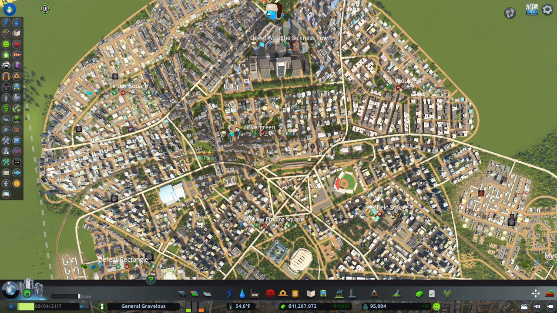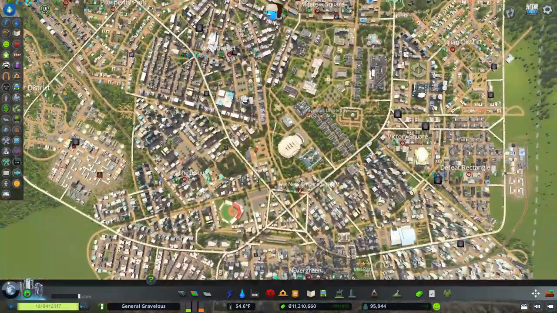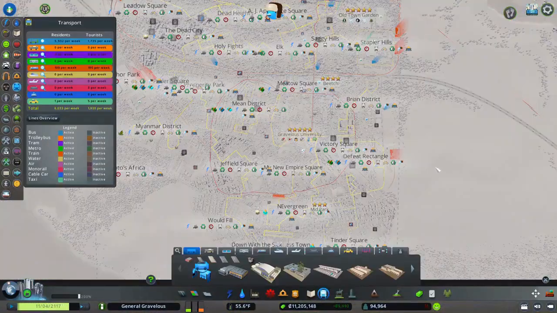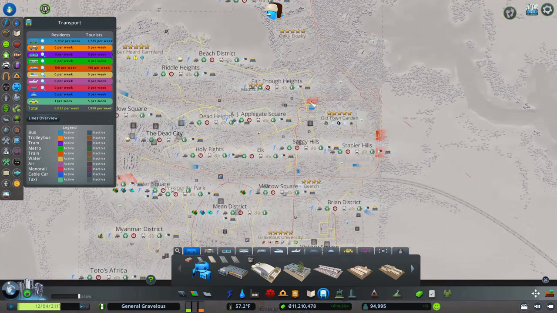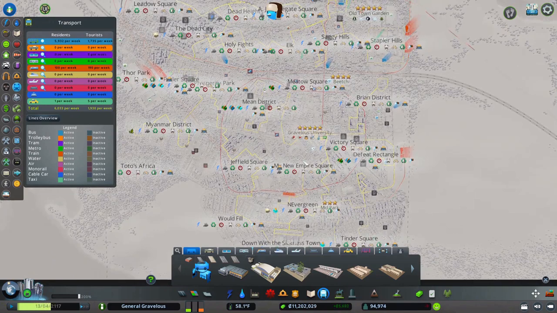It's about the public transportation and the system that I've managed to implement. So how this currently works is that these two red lines are kind of like a BRT, bus rapid transit, I think is the technical term.